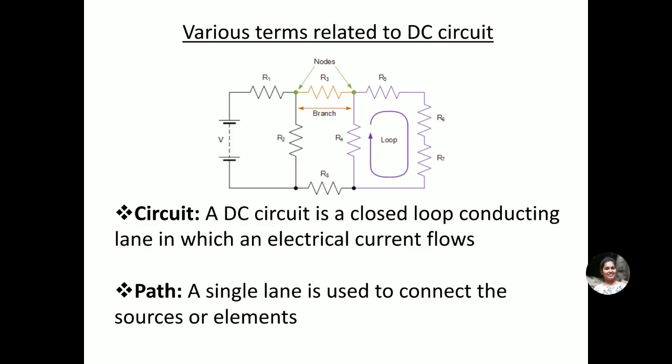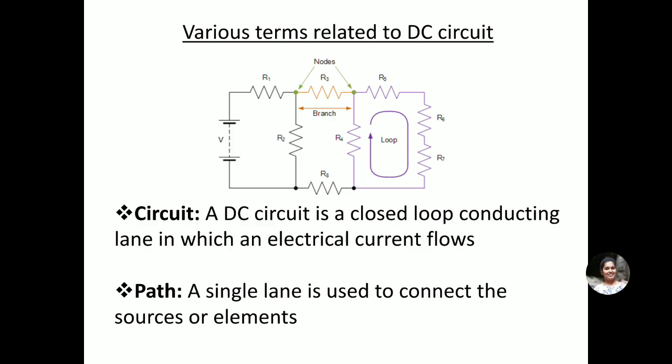with some resistors, indicated by R1, R2, R3 and so on up to R8. We have 8 different resistors connected, some in series fashion, some in shunt.